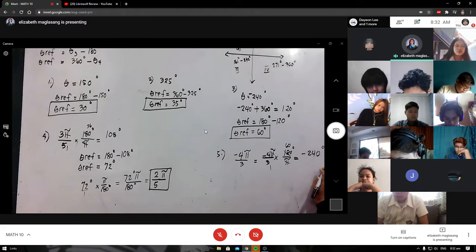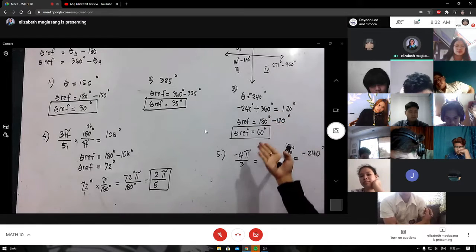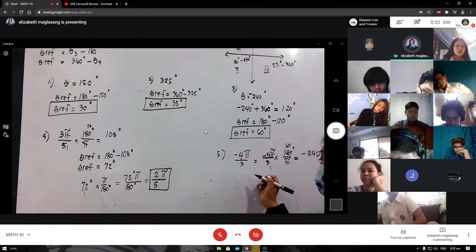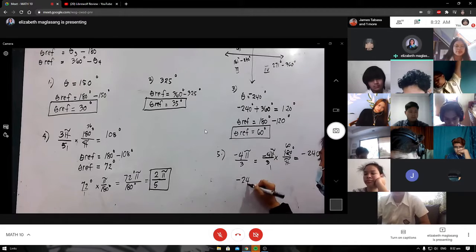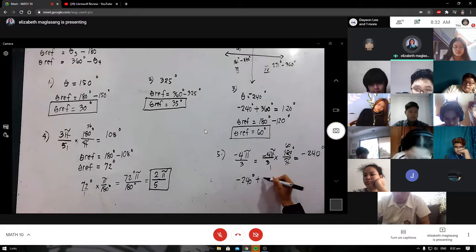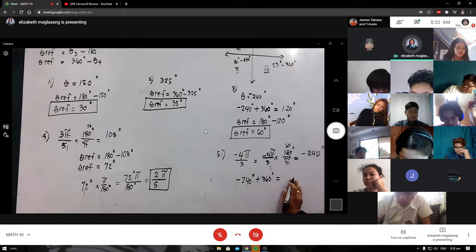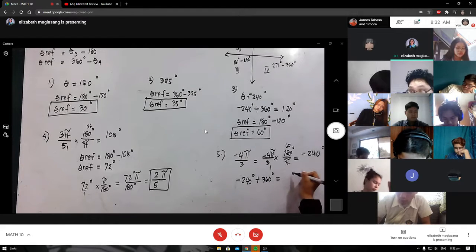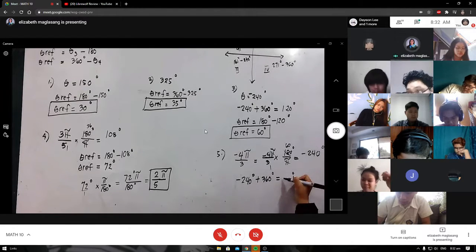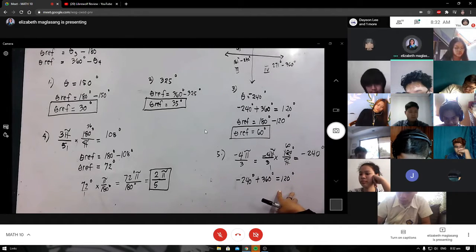Same as number 3: you get first the positive coterminal angle. So negative 240 plus 360 is 120 degrees. Okay, you have now the positive degrees.